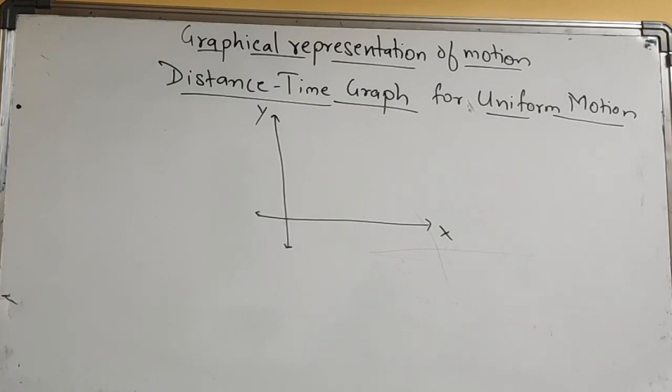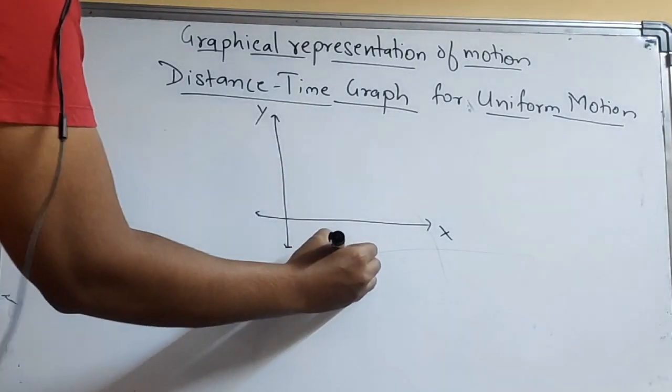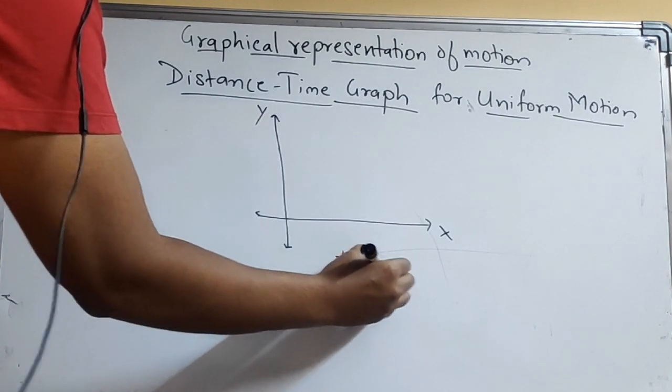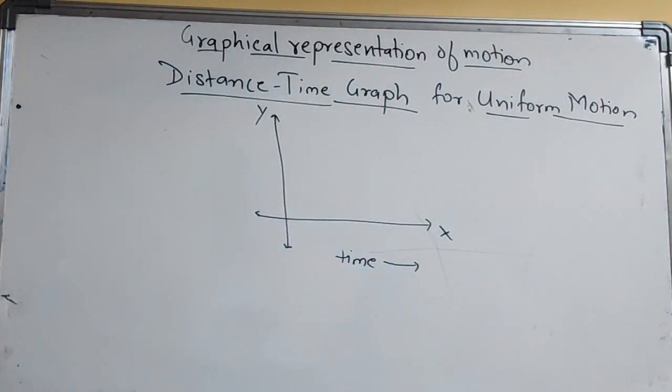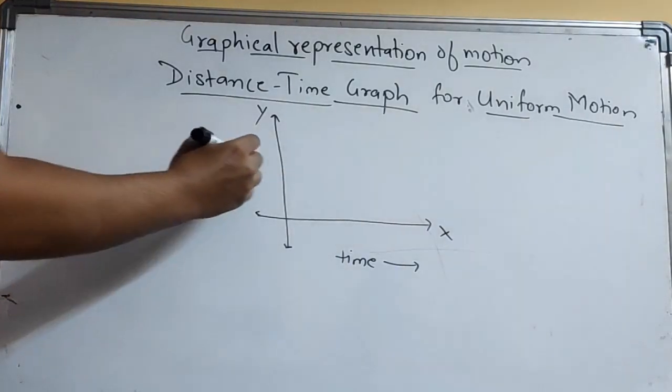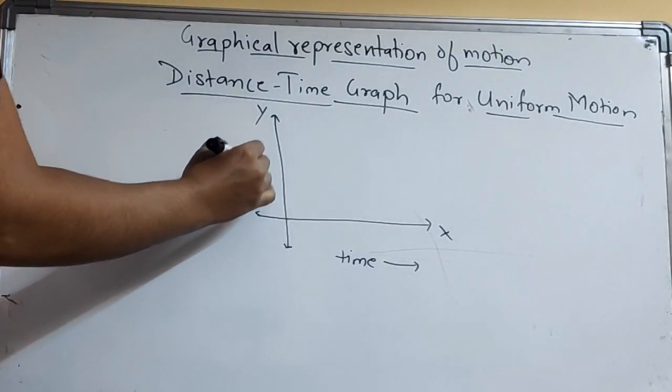Now here what we are going to do is draw a distance time graph. So the two quantities which we are going to consider are distance and time. On the x-axis we are going to consider time, and on the y-axis we are going to consider distance.